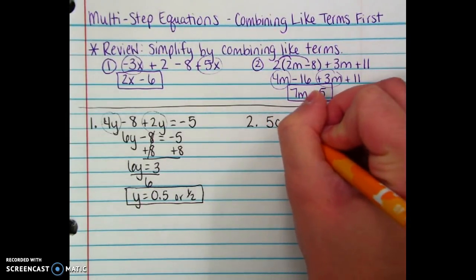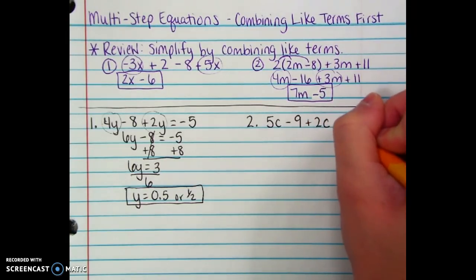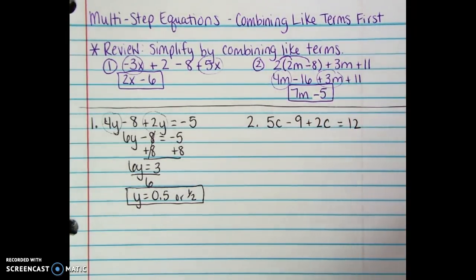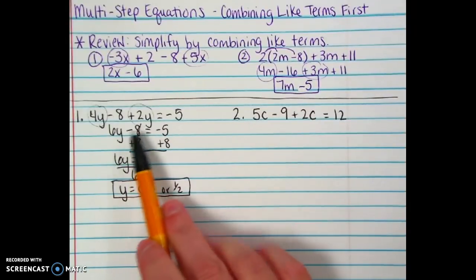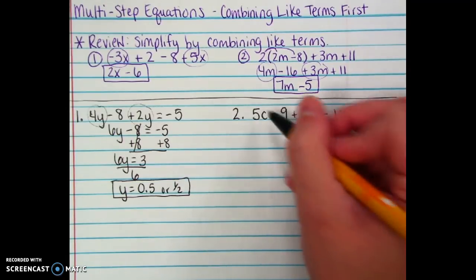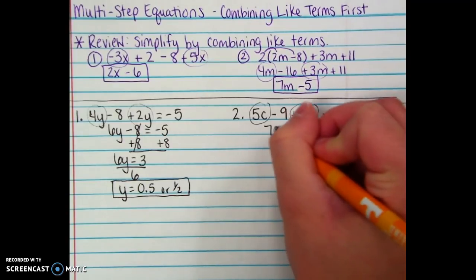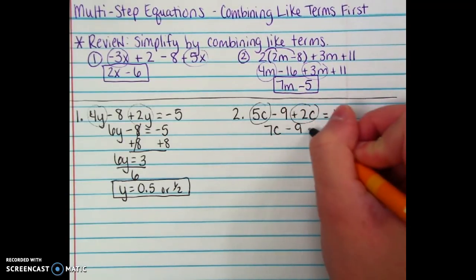5c minus 9 plus 2c equals 12. Okay, so this is the same setup as this one over here. I don't have anything to move across yet because I need to simplify first. So 5c plus 2c is 7c minus 9 equals 12.